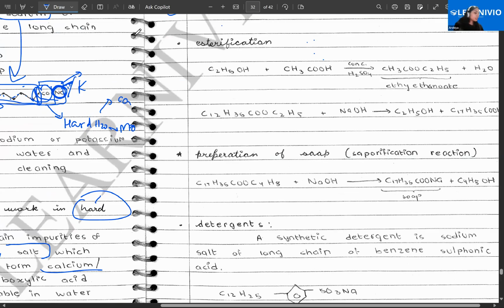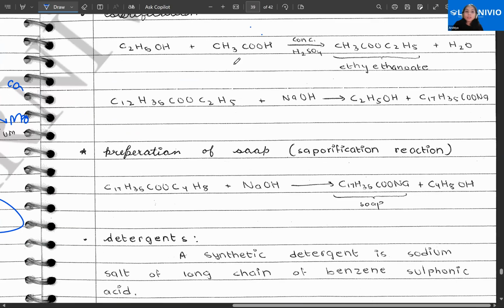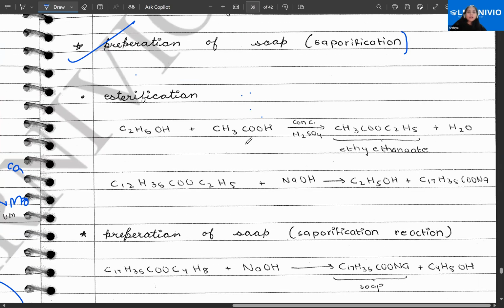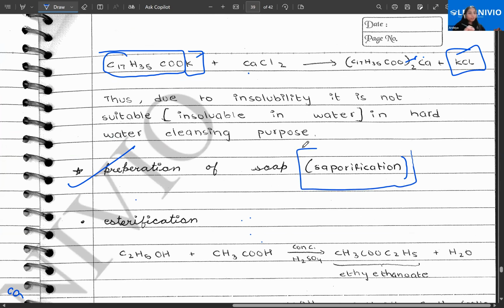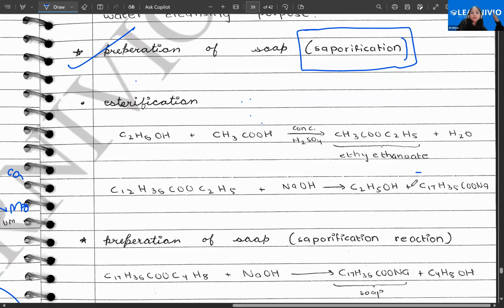So soap formation is our next topic. We will call it saponification. It is carried out in two different steps. The first step is the formation of the long hydrocarbon carboxylic acid chain, to which sodium or potassium is attached.